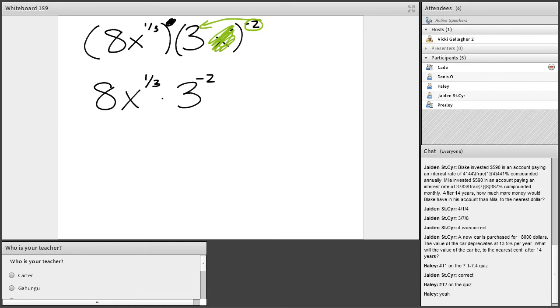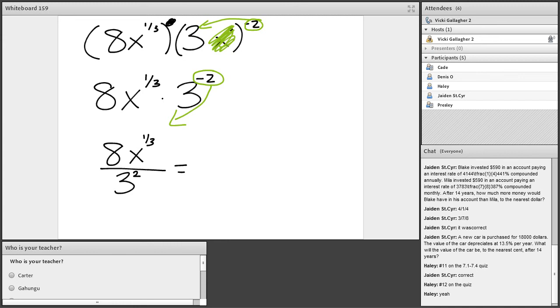Since it has a negative exponent, I need to drop that down below a fraction bar. The 3 is the only thing that's going to drop below the fraction bar because it's the only thing that has a negative exponent. So the 8 and the x to the 1/3 just stay put. And then the 3 goes on the bottom, and when you put it on the bottom, it can become a positive exponent instead. So 3 squared.